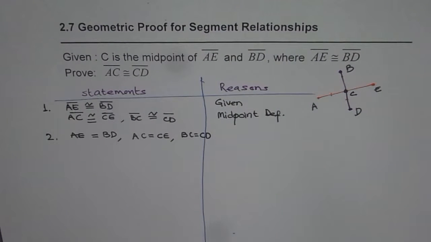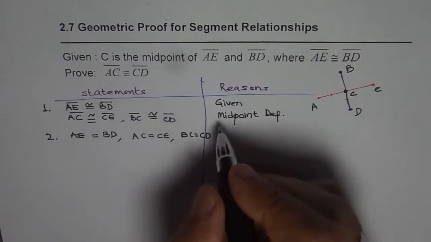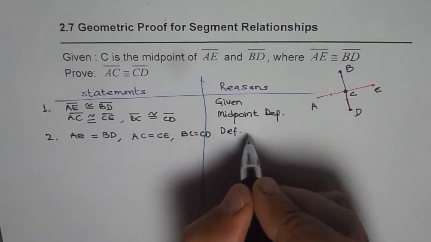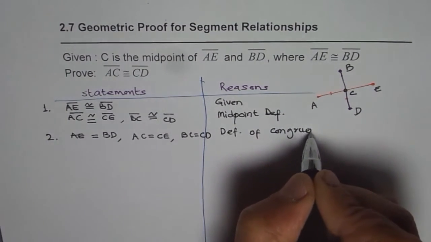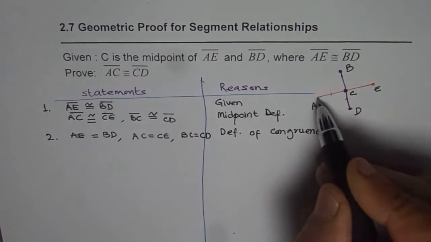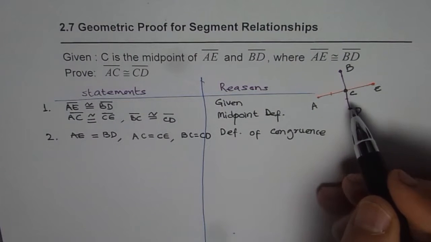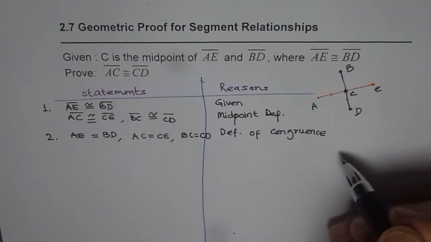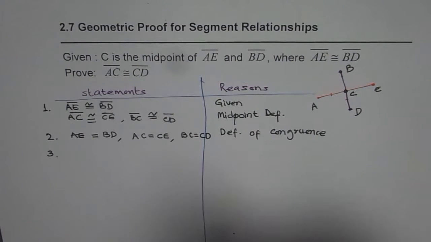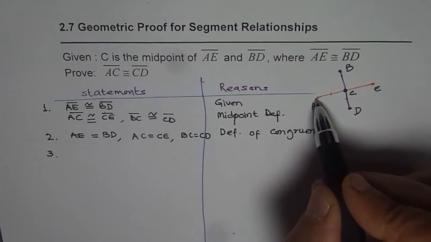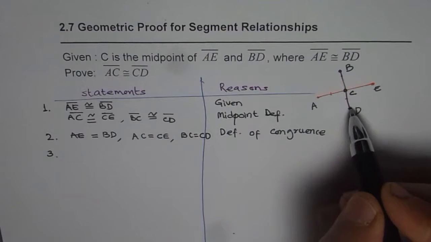So that is from the definition of congruence. Whenever we say that the segments are congruent, that means their length is exactly the same. Now we know this, how to prove that AC equals CD?